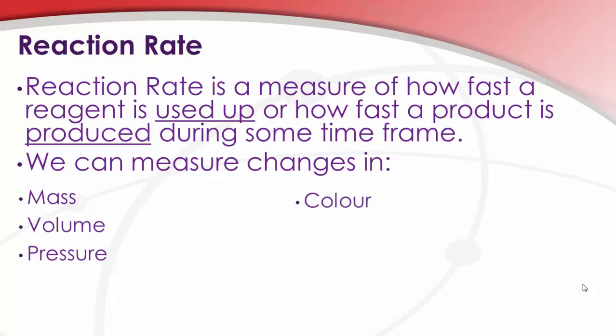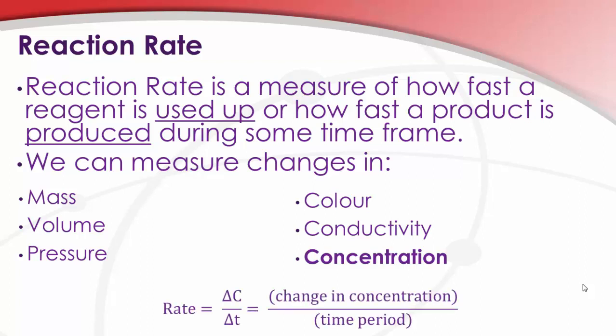We might measure the color of a solution. We might measure conductivity. But in all cases, what we're really concerned with is this idea of concentration. And so we'll most commonly concentrate on this idea of concentration. So if we want to define rate in terms of concentration, then it's the change in concentration divided by the time period of interest.